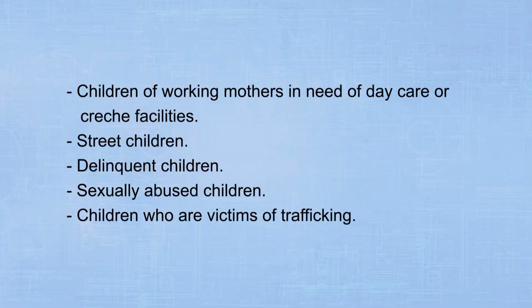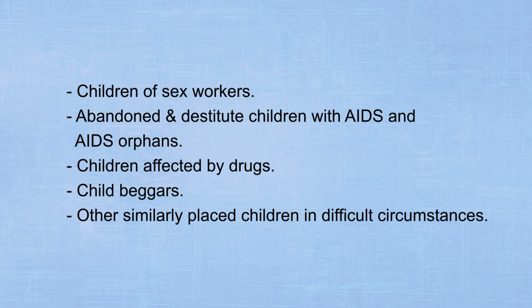These categories include children of working mothers in need of daycare or creche facilities, street children, delinquent children, sexually abused children, children who are victims of trafficking, children of sex workers, abandoned and destitute children with AIDS and AIDS orphans, children affected by drugs, child beggars and other similarly placed children in difficult circumstances.